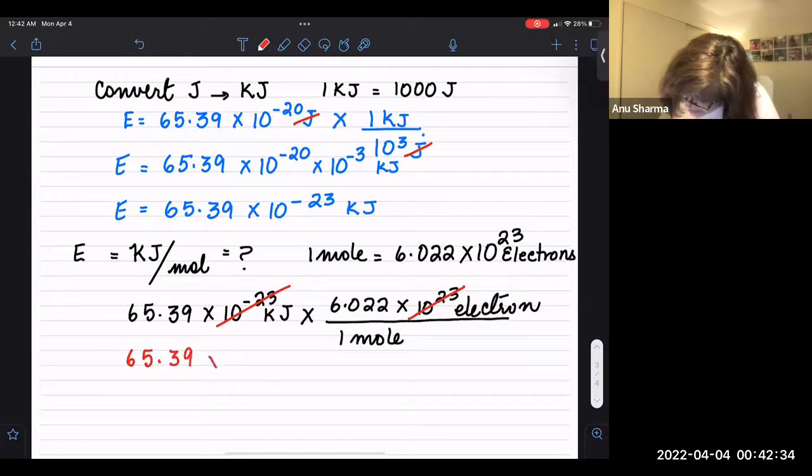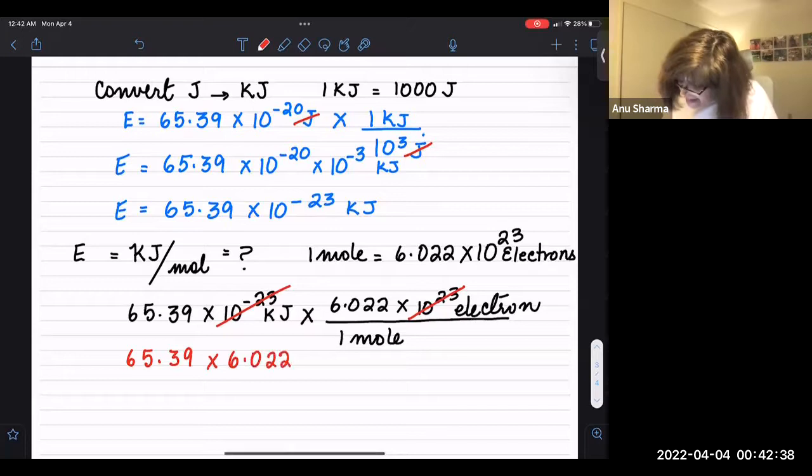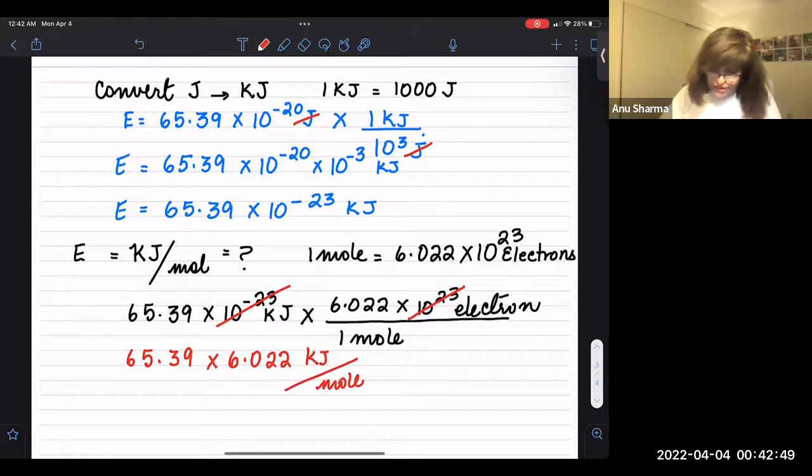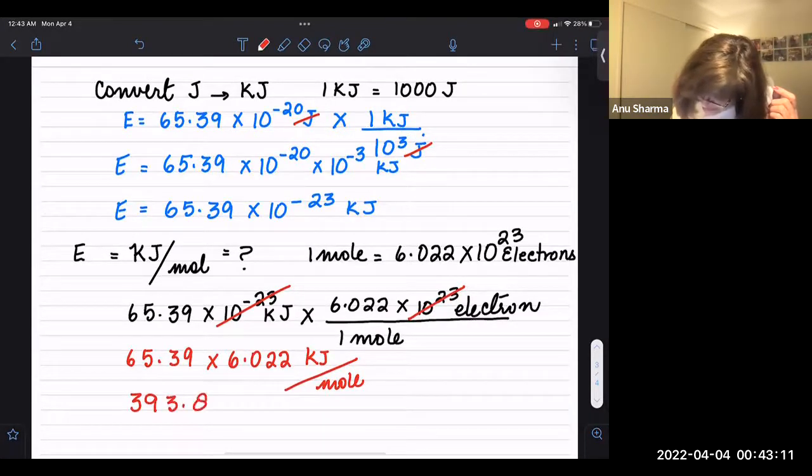65.39 times 6.022, and that is the kilojoules of these electrons, per mole. And let's finish this calculation. So this comes out to be 393.83 kilojoules per mole.